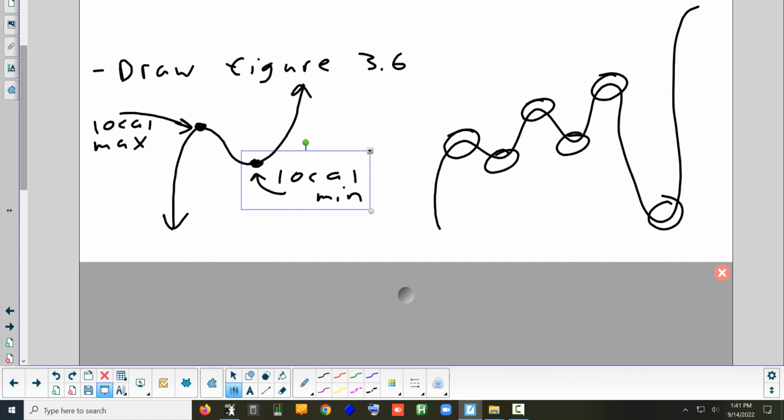A local maximum is higher than everything around it. If you had something like this in a parabola, that point right there, you technically could call it a local minimum, but this is also called a global minimum. Because not only is it the lowest value in this area, it is the lowest value ever.